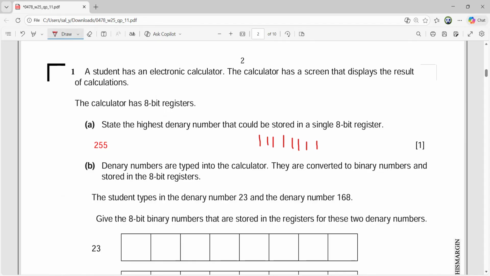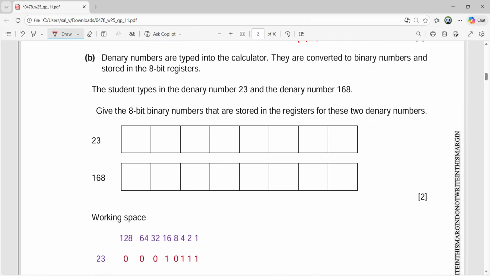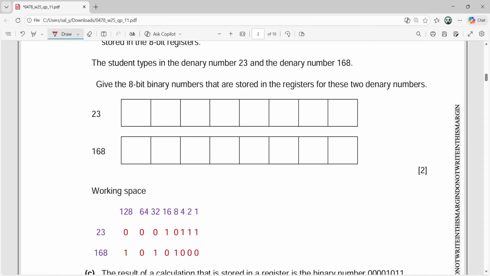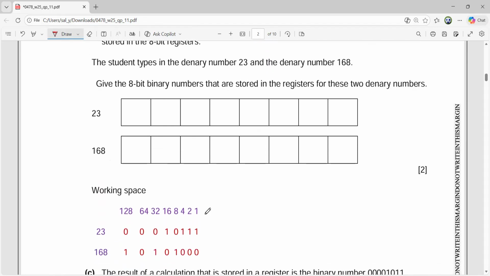Now, you have the working space and you are supposed to turn on those bits which when added will give you 23 or 168. So you can see this is your byte: 1, 2, 4, 8, 16, 32, 64, 128. In order to make 23, you need to turn on 16, 4, 16 and 4 is 20, 22, and then 23. So this is your final answer.